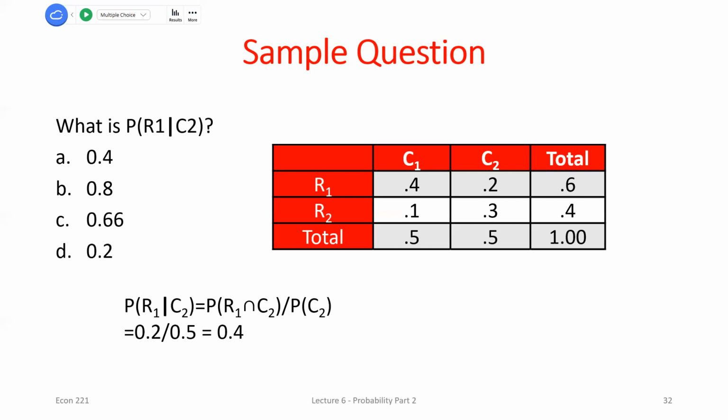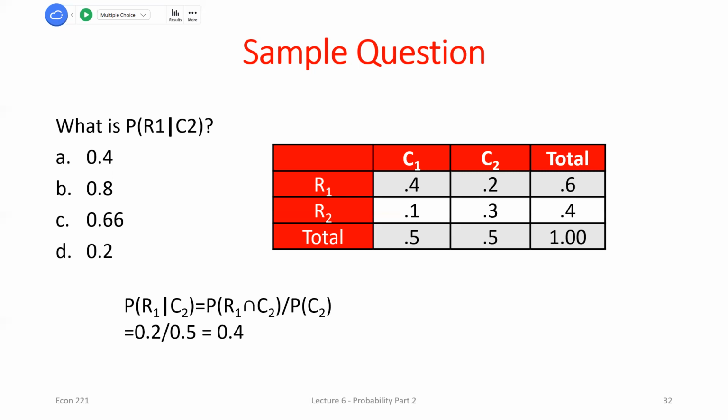So let's start with the easy one. What's the probability of R2? Go to R2, go over to the total column. So the space we're left with is 0.4. What's the probability we see the intersection of C2 and R2? 0.3. So that conditional probability would be 0.75.